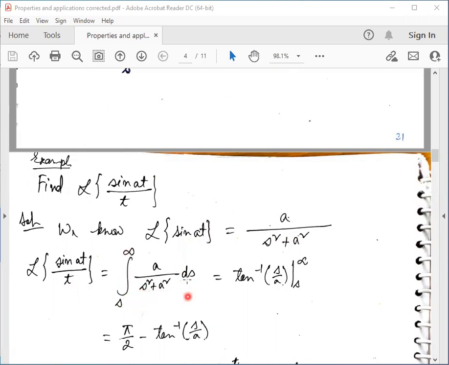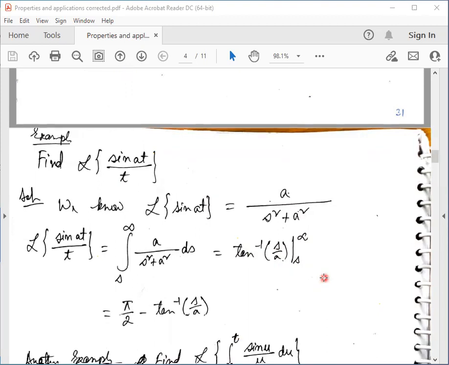Here this s we can replace by some other variable u. So the integral of a by s square plus a square is nothing but tan inverse s by a, with limit s to infinity. So first we put s equal to infinity. What is tan inverse infinity?